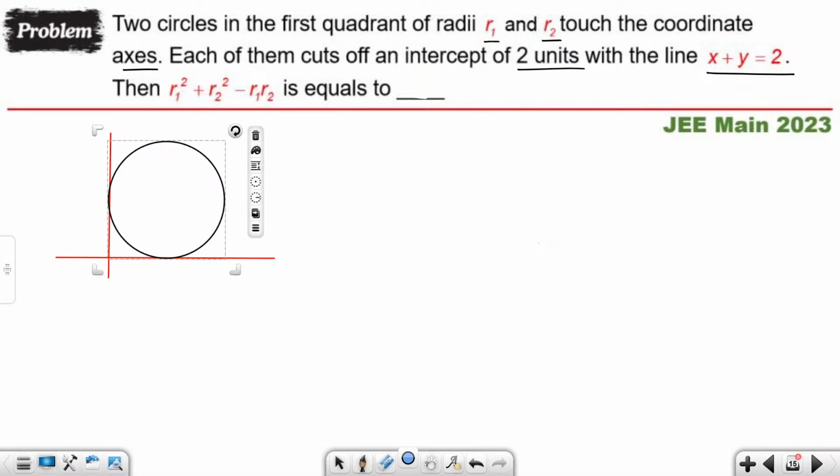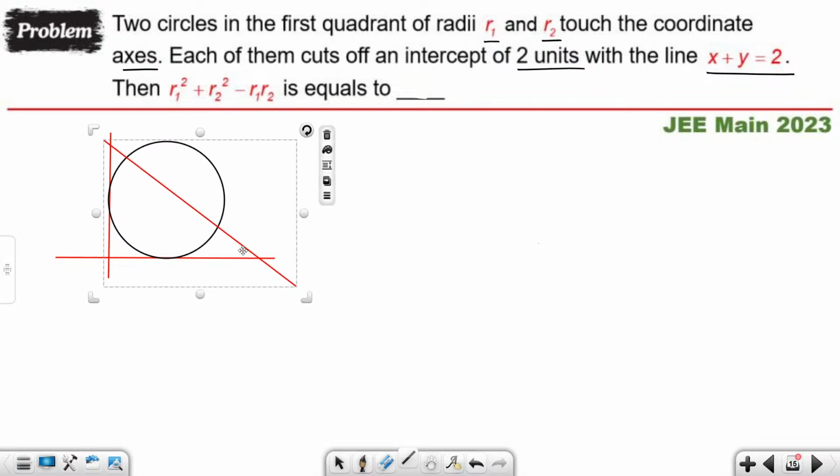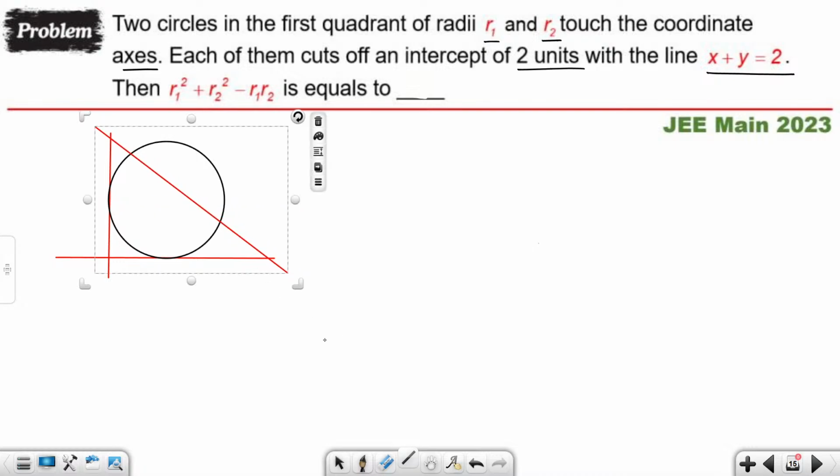Okay? And there is a line, which is our, let us say, x plus y equals to 2. Right? This is our x plus y equals to 2. Is it clear?